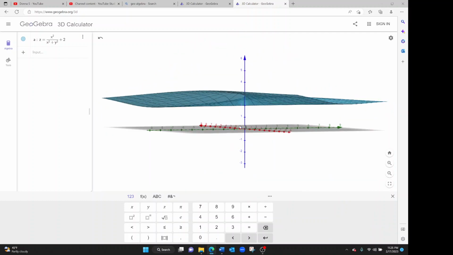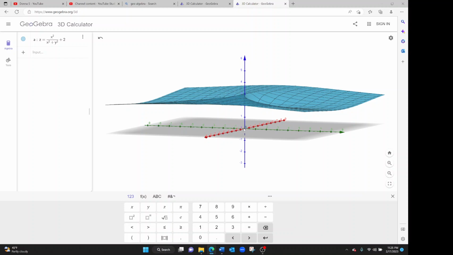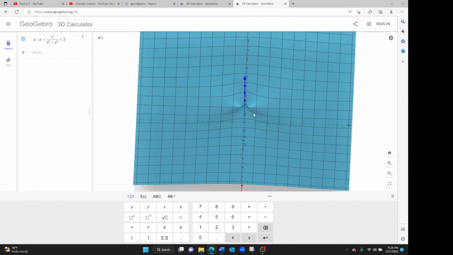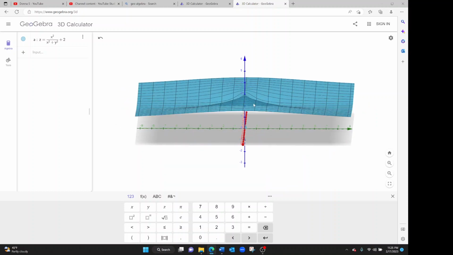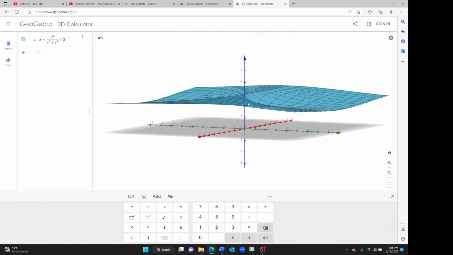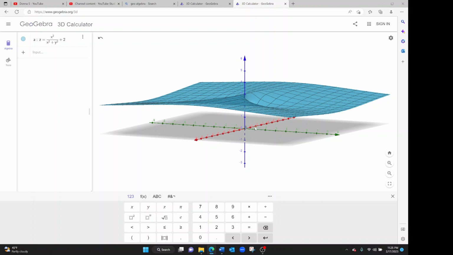And so as we get closer to a point, which the point was 0, 0, which is the center right here, right? The height, which is the z value, the output, so as the x and the y get closer and closer to 0, the height is getting closer to different values depending on where you're coming in from because of that weird crease kind of thing going up there at the top. I don't know if that has a formal name or not.